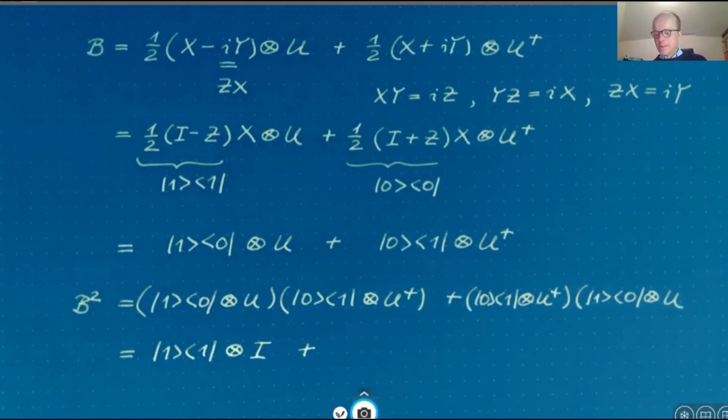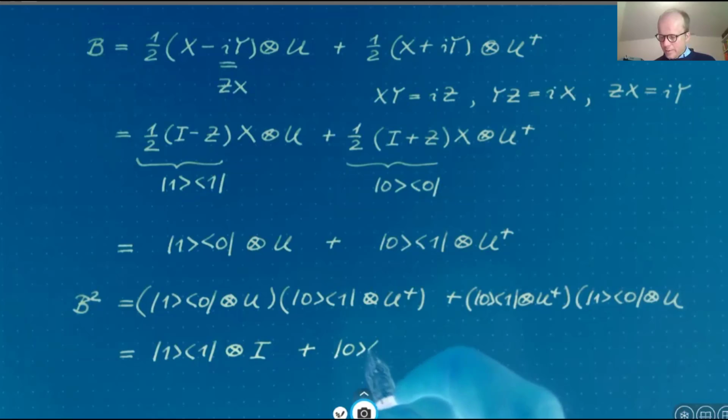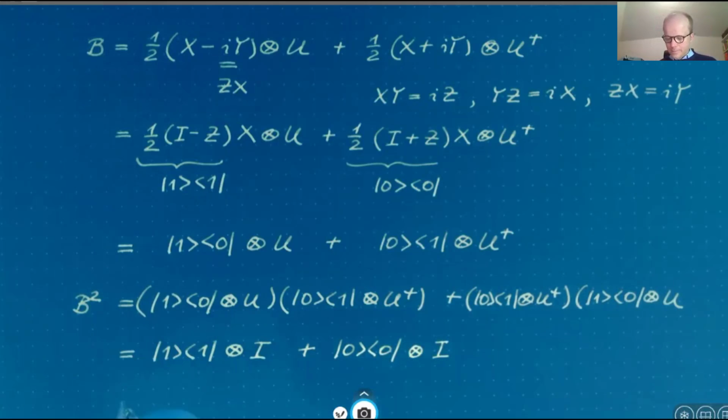And for the second term in the sum, it's the same logic, only that when we multiply the two dyads, we get 0, 0 and tensor unit. So this we can take together. We can factor out the unit operator for the second qubit in the second qubit Hilbert space, and in the first qubit Hilbert space we have 1, 1 plus 0, 0, but the sum of the two is again the unit operator, now in the Hilbert space of the first qubit.